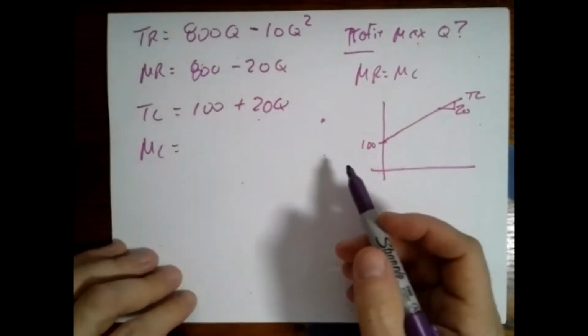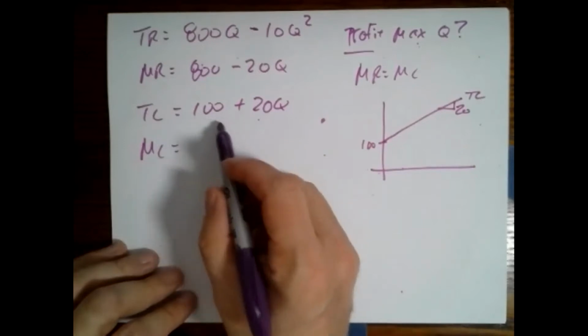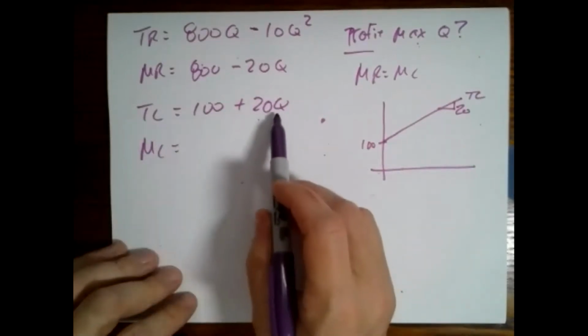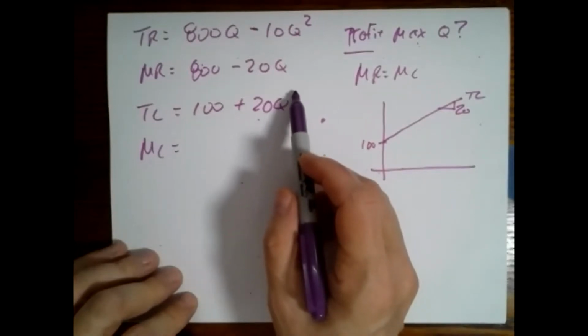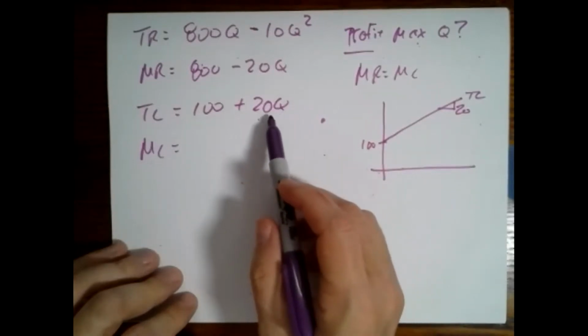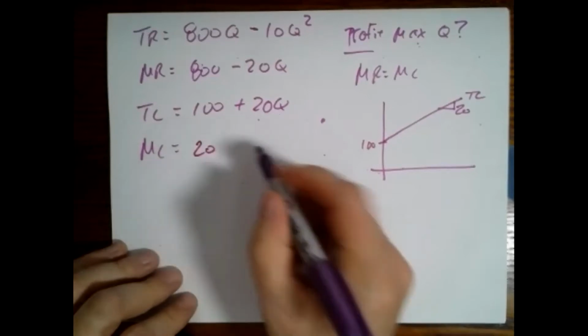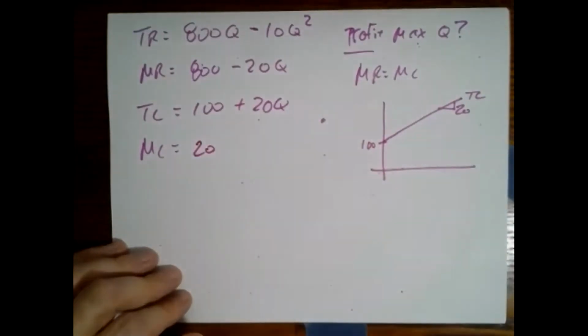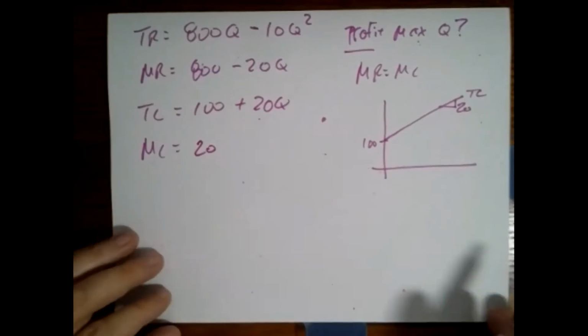You can do it by saying, okay, if I take the derivative, the constant 100 just goes to 0. And then this is Q to the 1, so I bring 20 down. Then Q to the 1 minus 1 is Q to the 0. Anything to the 0 is 1. So it'd be 20 times 1 is 20.